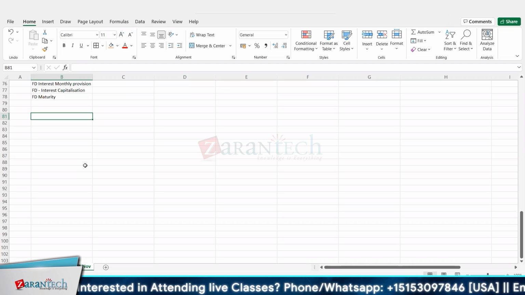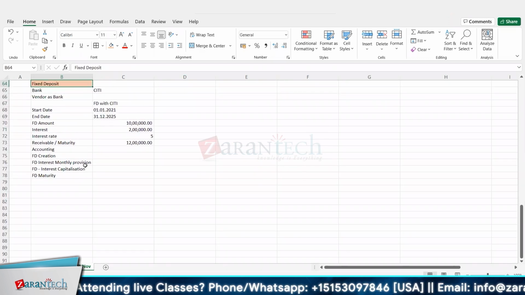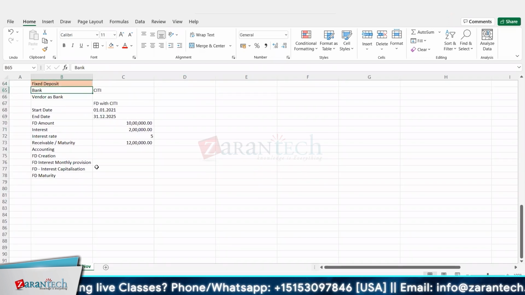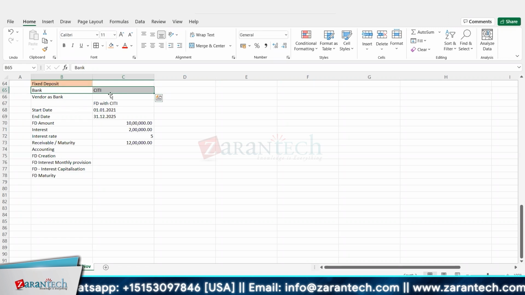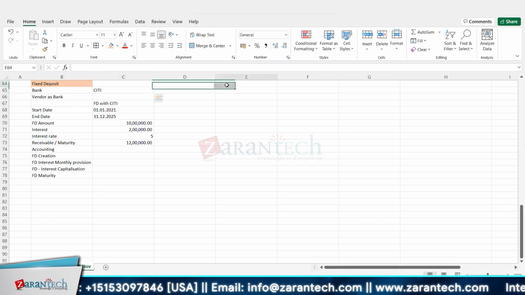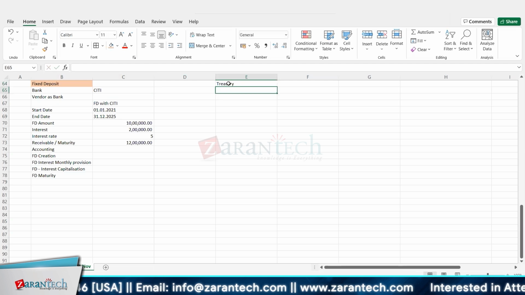First of all, if we talk about this fixed deposit requirement, we can see that a bank is involved. I have different banks where I do the fixed deposits. In the treasury solution, this is called the business partner.